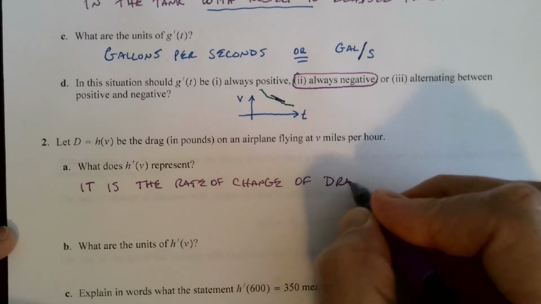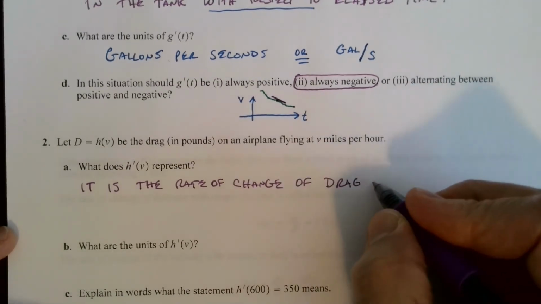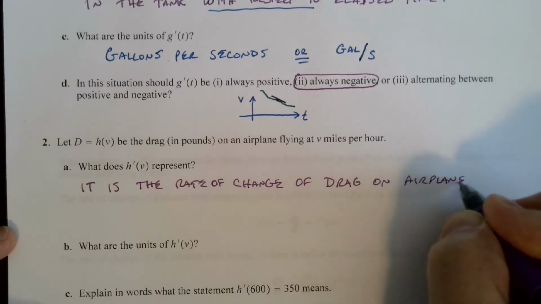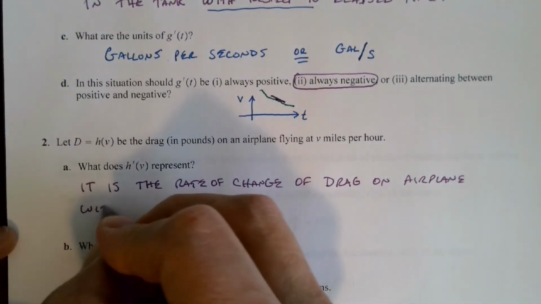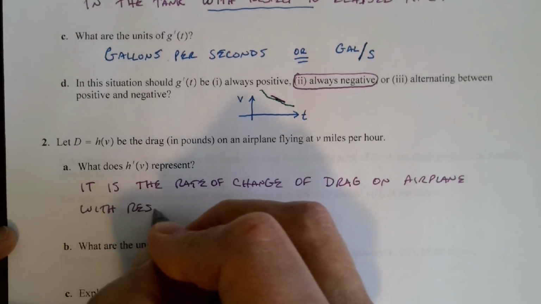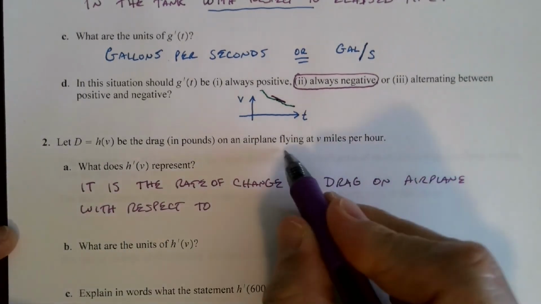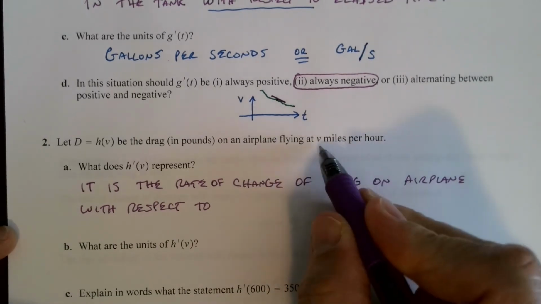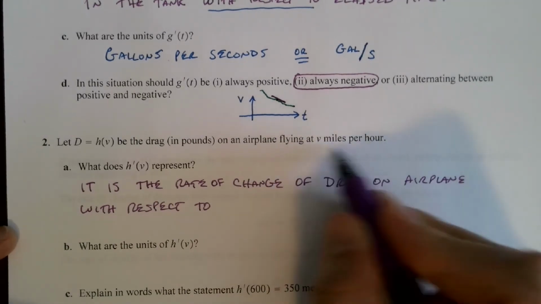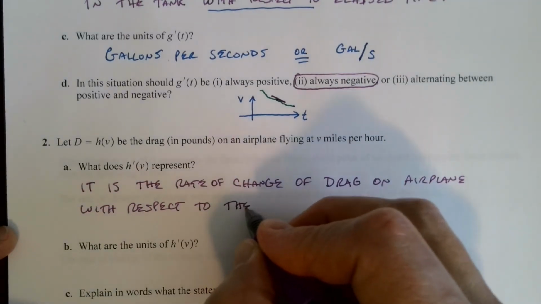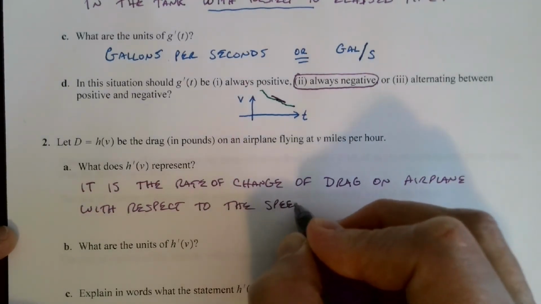The rate of change of drag on the airplane, with respect to what? What we said was flying at v miles per hour, we call that the speed. With respect to the speed of the airplane. That's the input.